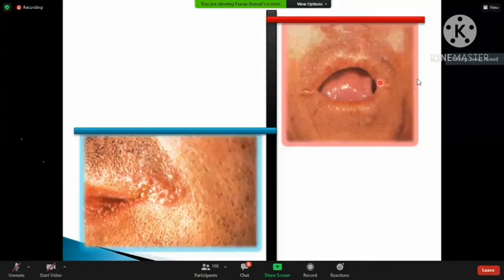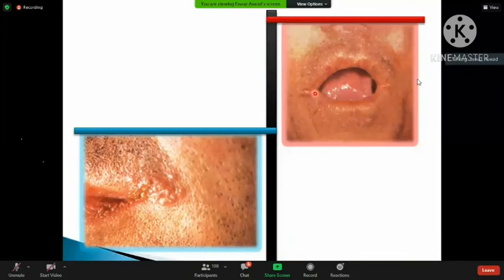First of all, we could demonstrate if there is any crack of the lip, and in practical exams you may be given a picture of a lip with its characteristic features.